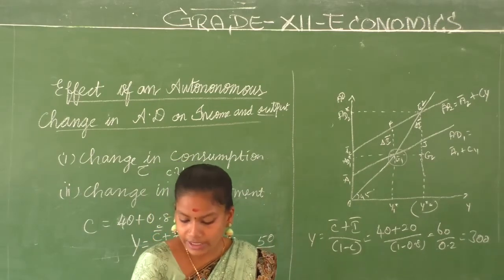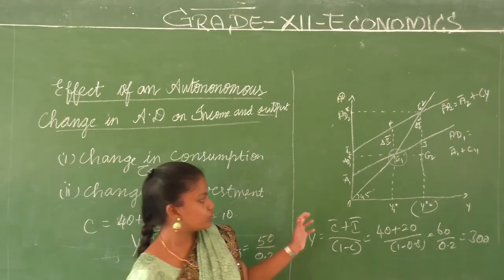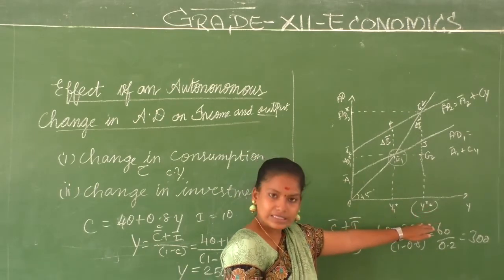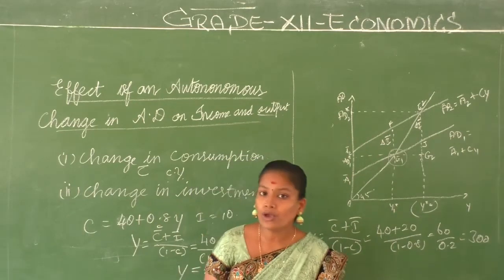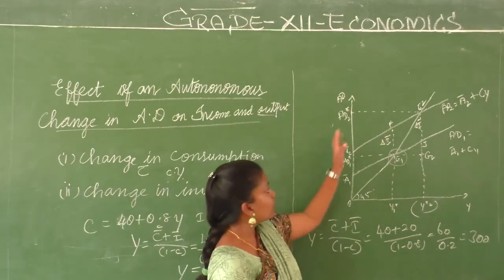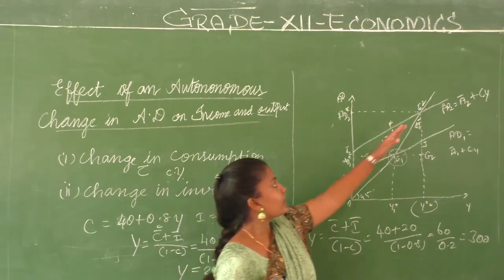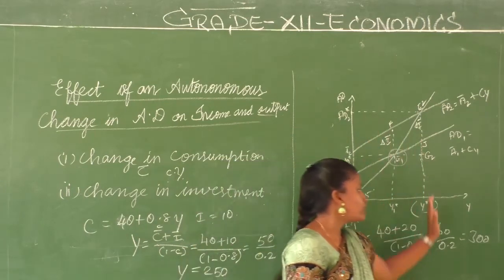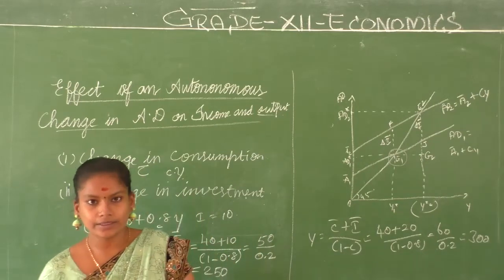The new equilibrium values of output and aggregate demand are Y2 and AD2 respectively. This is your aggregate supply or income, and this is your aggregate demand. This is how you find it: first you draw the slopes, and then the meeting point is marked as equilibrium. The corresponding vertical axis is marked as aggregate demand, and the corresponding horizontal axis is marked as equilibrium income.